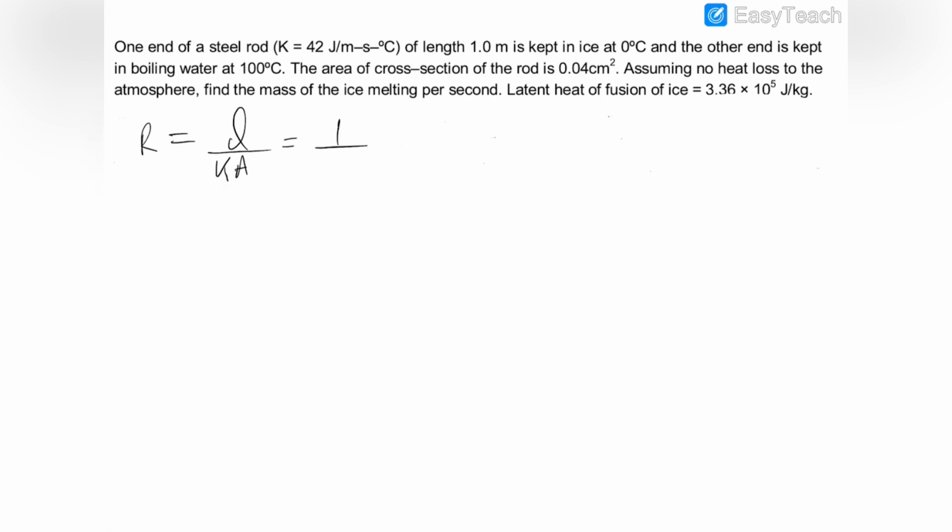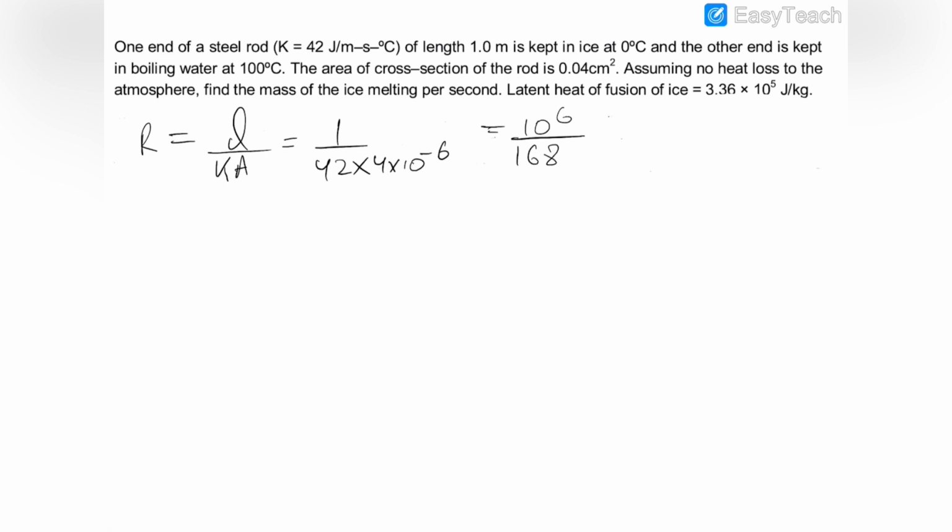L is 1, K is 42 and the area of this rod is 0.04, so we can write it as 4 into 10 raised to power minus 2, and we have converted the centimeter square into meter square by multiplying an additional term of 10 raised to power minus 4. Now this resistance is 10 raised to power 6 upon 168.